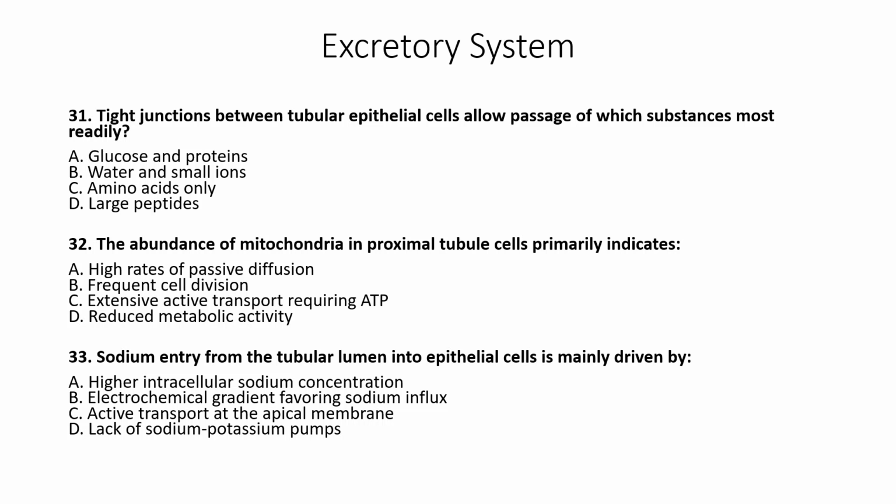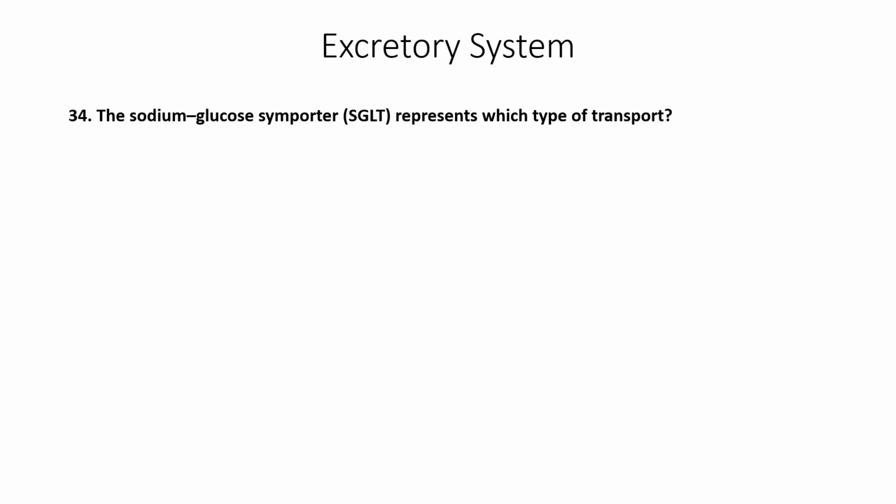So entry from the lumen into the epithelial cells is just driven by electrochemical gradient, which favors sodium influx because cytosolic sodium concentration is lower than extracellular sodium concentration. Okay, so I hope that's clear. Let's move to the next one.